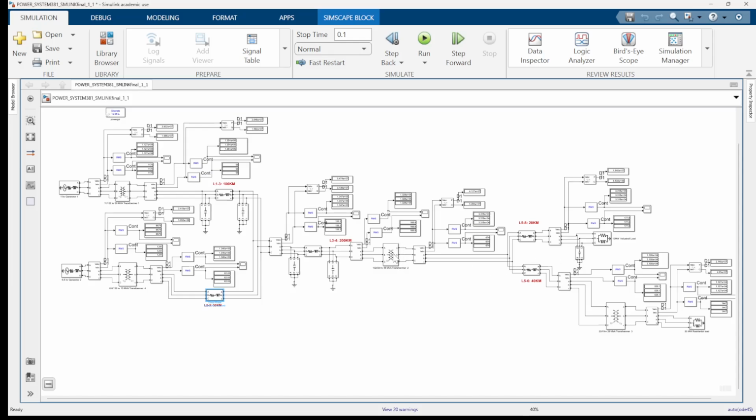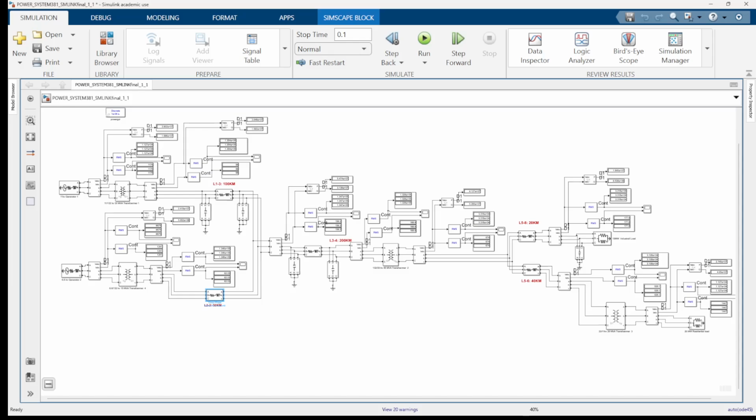The distribution transformer steps down the voltage, and for the industrial load your transmission line is 20 kilometers, and for the residential load your transmission line is 40 kilometers. There are in total 5 transmission lines in this model with physical lengths of 20, 40, 50, 100 and 200 kilometers. The longest is 200 kilometers and the shortest is 20 kilometers.